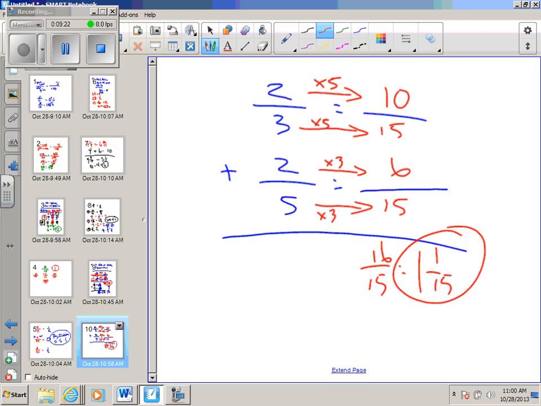Questions? Casper. Which one? This one or this one? Because 15 goes into 16 once. And the 1 up here is what's left over.